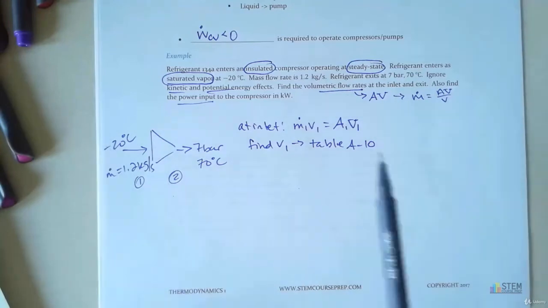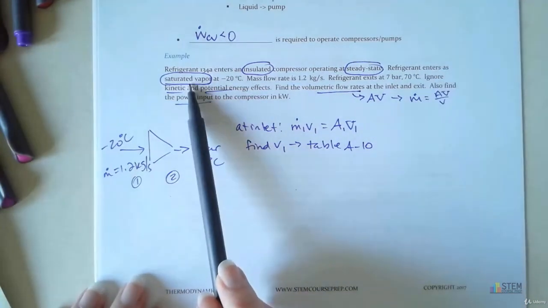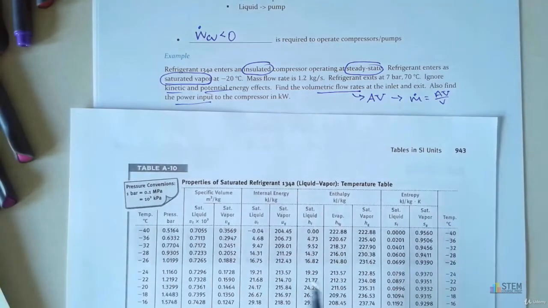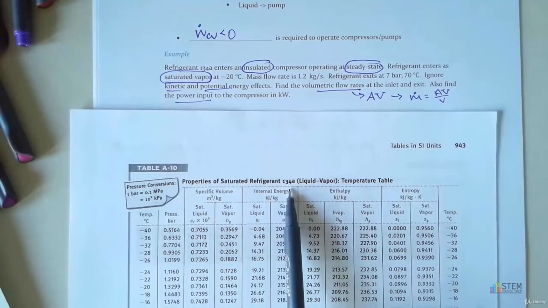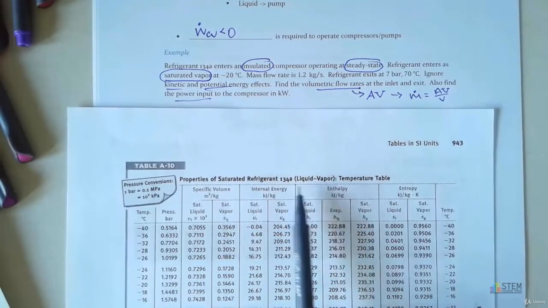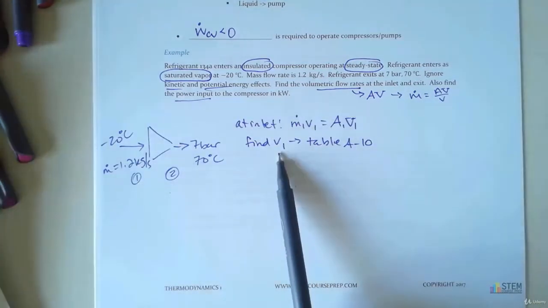One more thing to notice before you go to the table: it says it enters as a saturated vapor. So this is telling you that you need to use the saturated table. This is the one for refrigerant 134a, our liquid vapor table. We need to find v1.